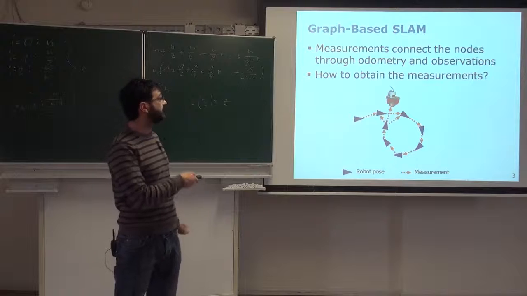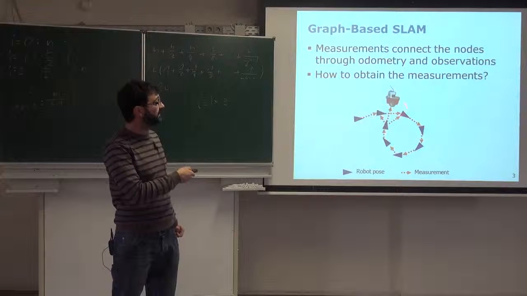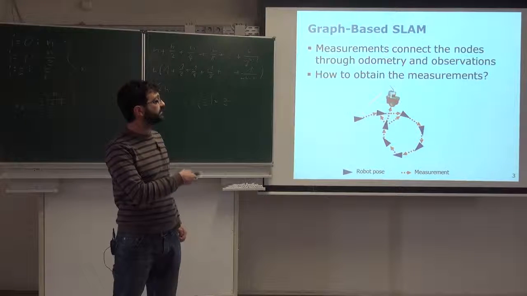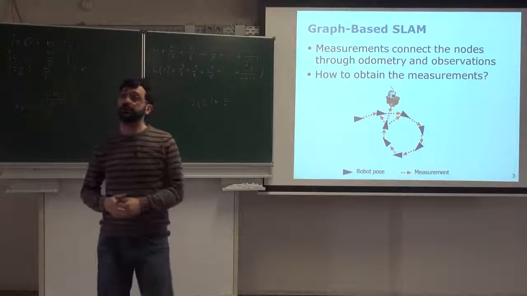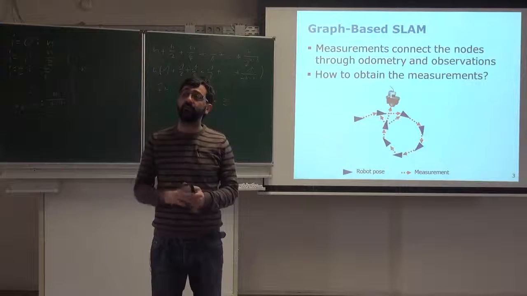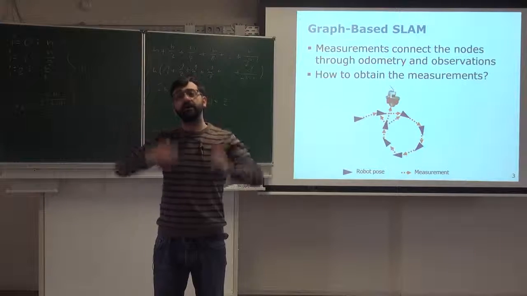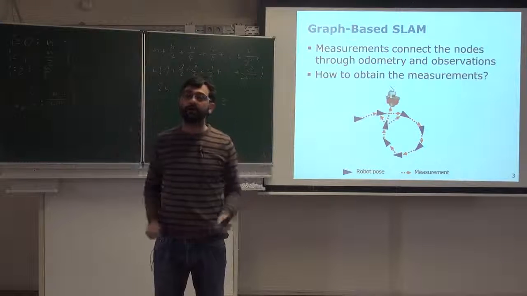We said the words loop closing a lot of times during the lecture. The whole idea here is that the robot goes around and does a data association between what it is observing right now and what it observed before in a different time frame. That can be 1 minute, 1 hour, 1 day, 1 month, 1 year.